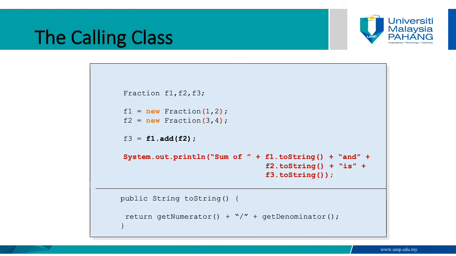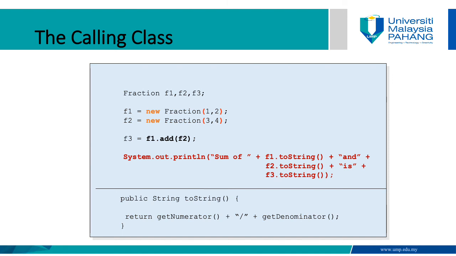So in this fraction class, you see that we have F1, F2, and F3 here. For the calculation that is going to be done by F3 here, it is calling F1 dot add F2.